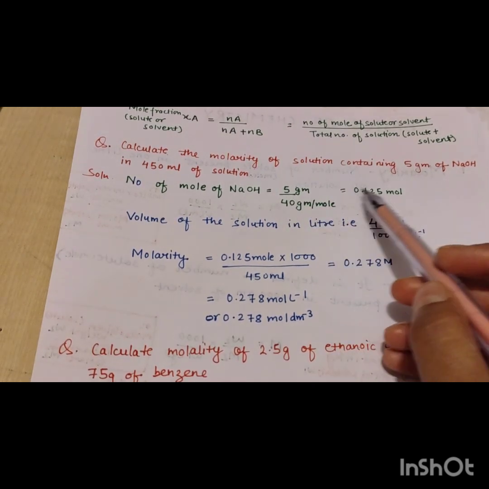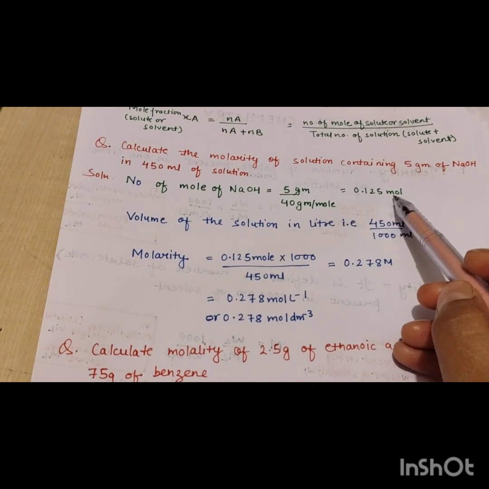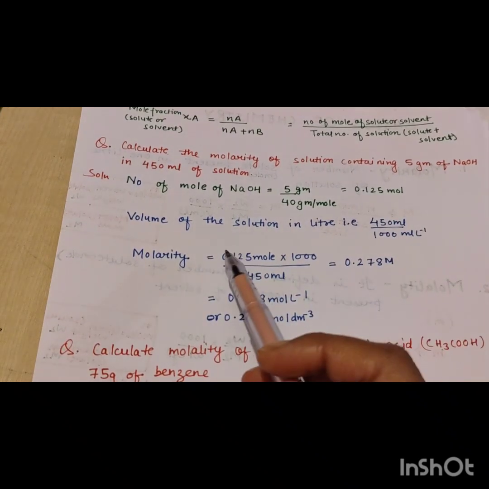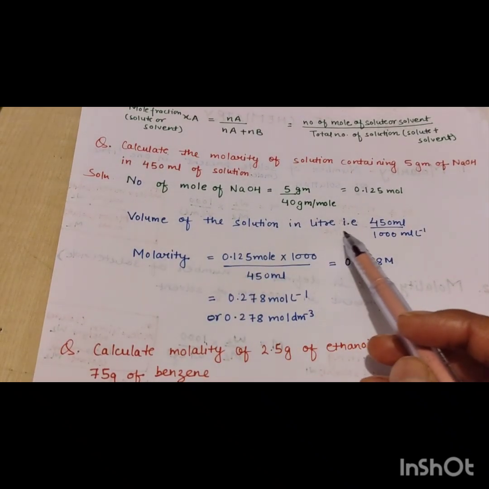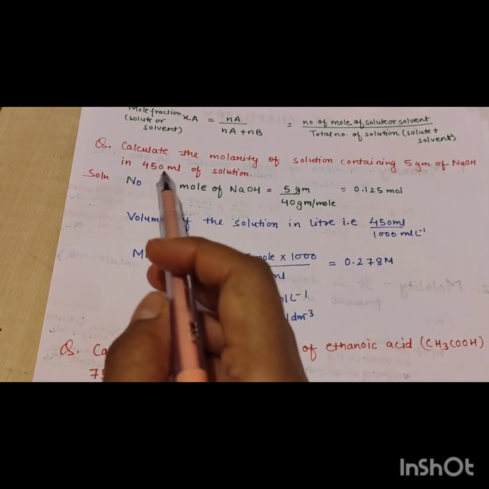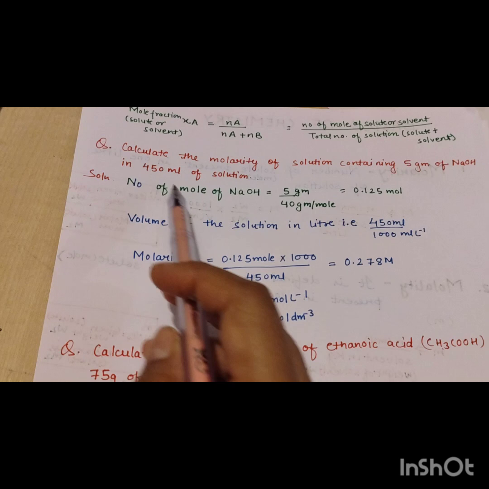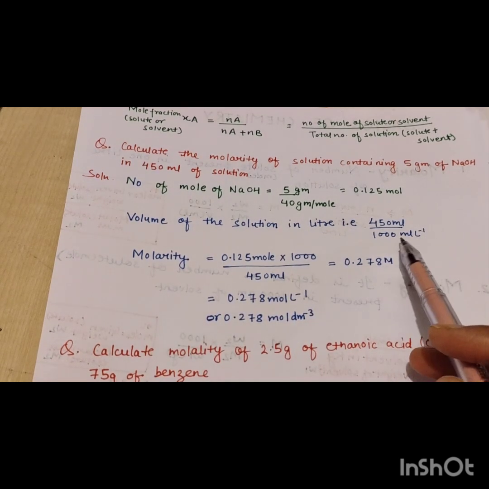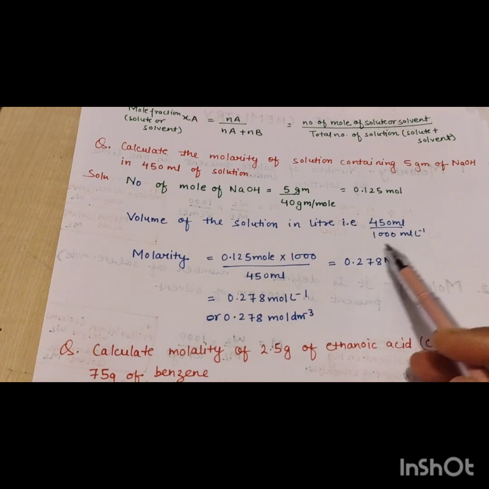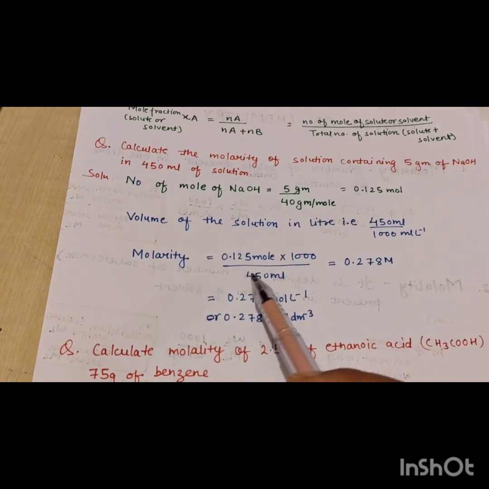By dividing we get 0.125 mole of NaOH. Then the volume of solution in liter: 450 ml is given, so 450 ml divided by 1000 ml per liter.